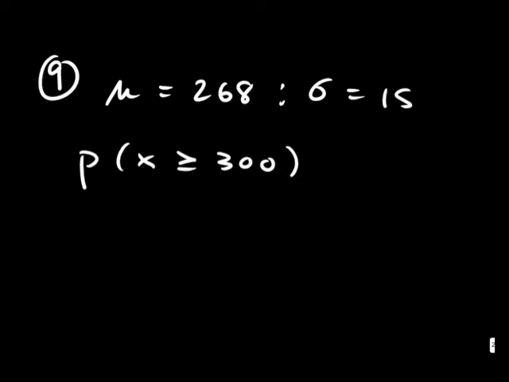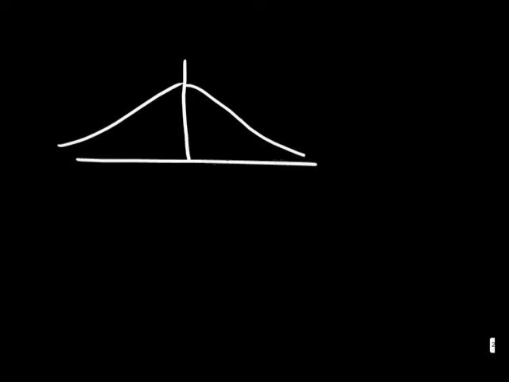That is greater than or equal to 300. Drawing our normal distribution, the mean is 268, 300 is to the right, so at least 300 is a right tail.